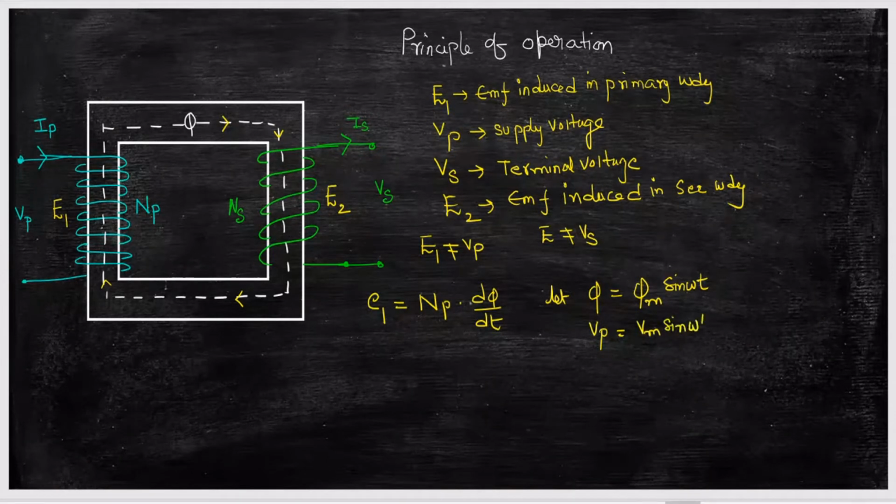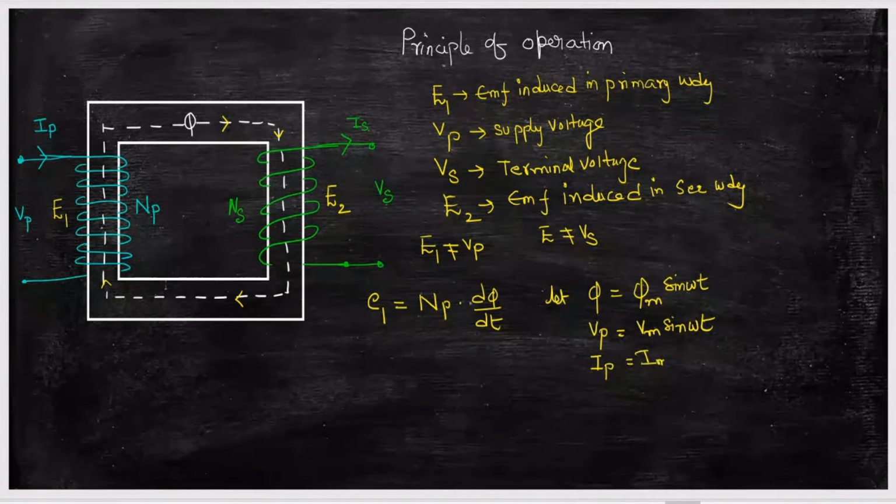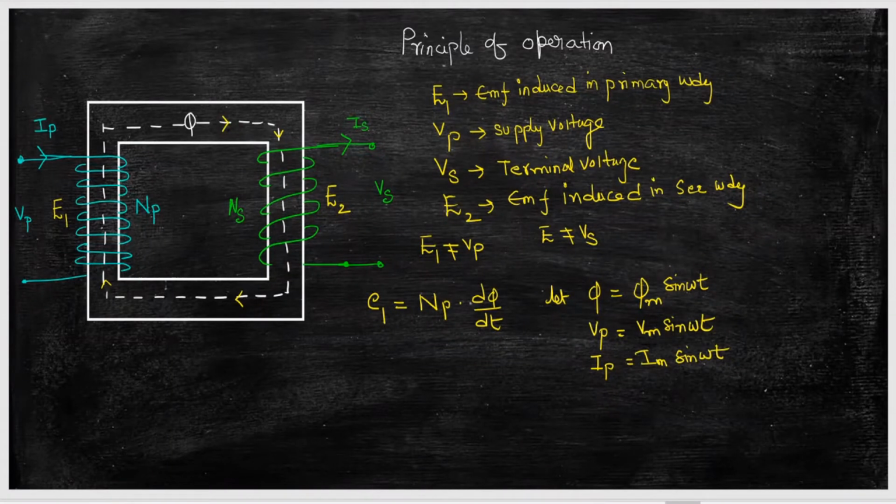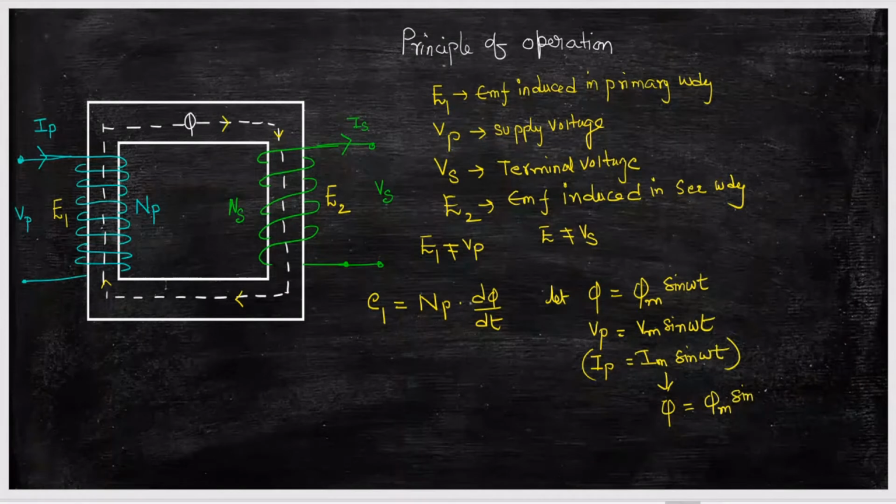IP, the current flowing on the primary side, will also have a sinusoidal shape. Since IP is creating the flux phi, the flux phi will also have the same shape as IP. That is why I am taking phi equal to phi m sin omega t.